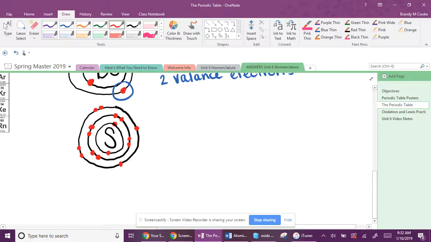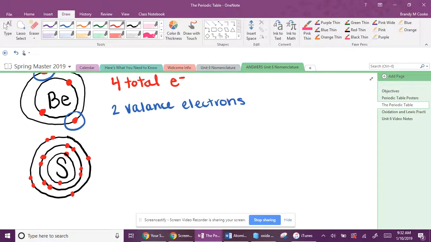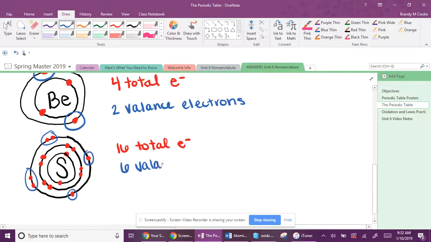So if I add all those up, 2 plus 8 plus 6, that equals 16. So I have 16 total electrons. And if I count the valence electrons, I have 1, 2, 3, 4, 5, 6. So 6 valence electrons.